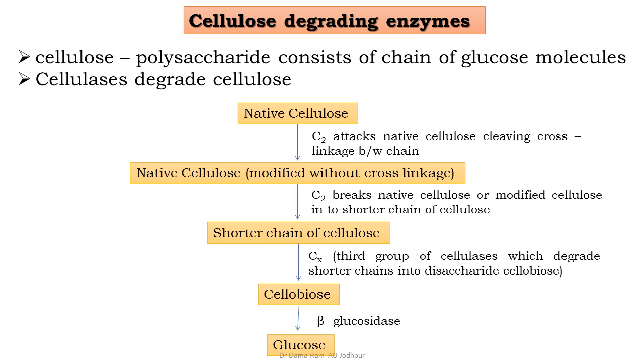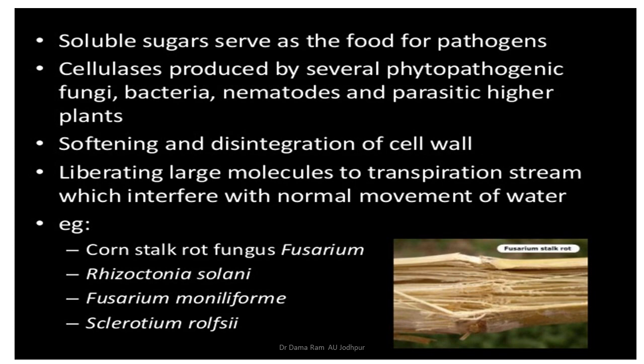Finally, cellobiose is attacked by beta glucosidase and converted into glucose, and that degraded glucose is a soluble sugar that the pathogen can utilize as food.